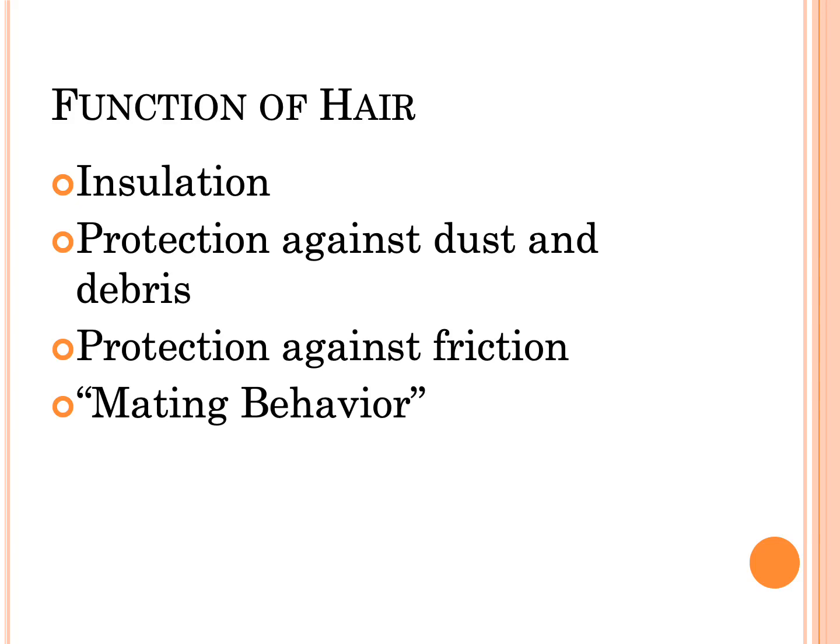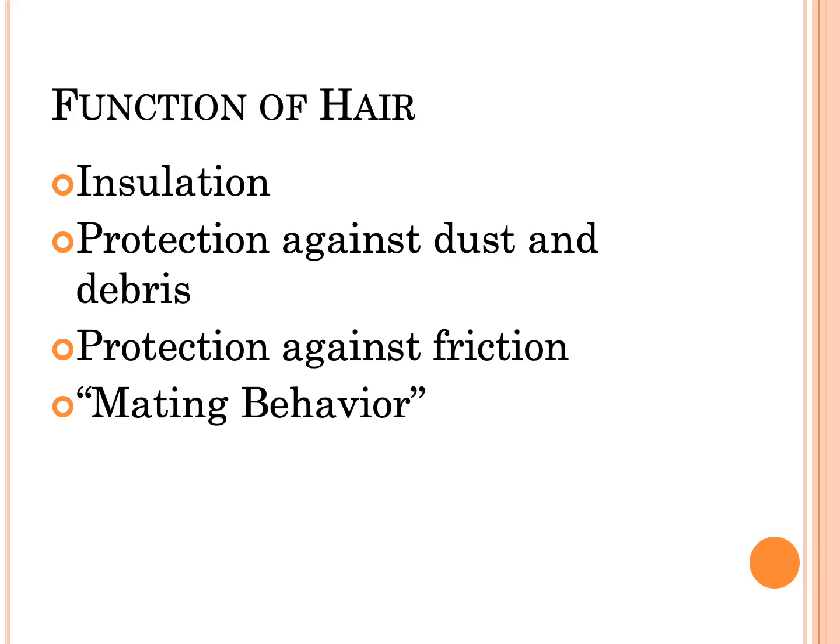In terms of the functionality of the hair, the function of the hair is to form an insulation around the epidermis. It will provide protection against dust and debris around the mucous membranes and around openings of the body. It's going to protect against friction.